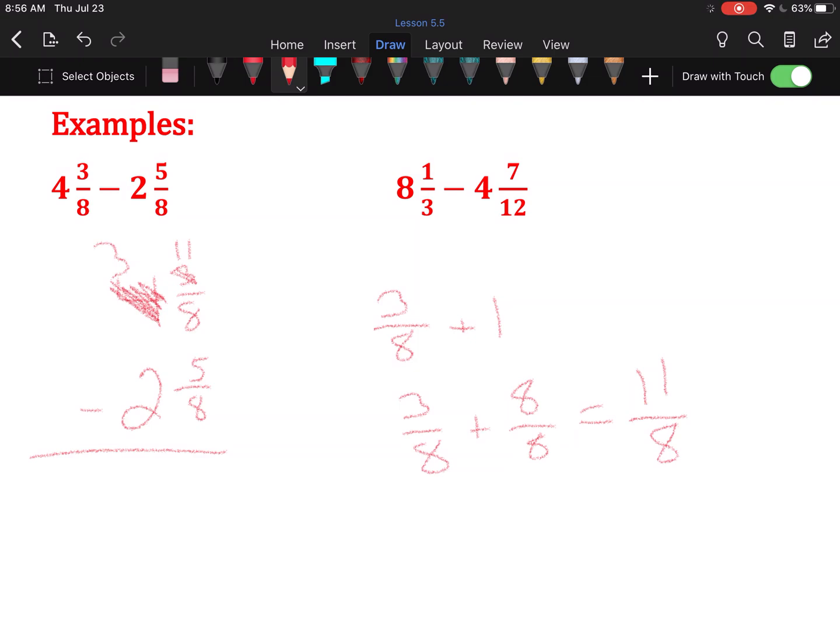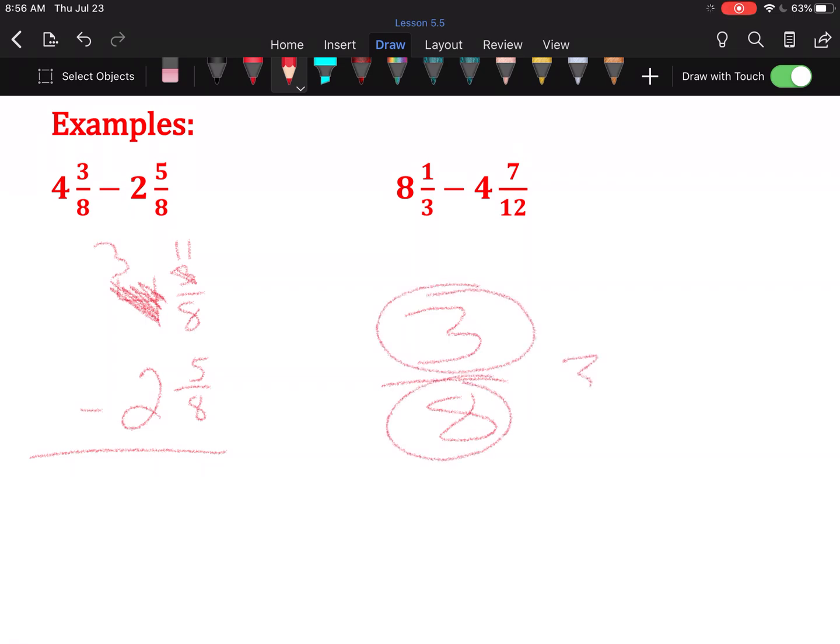There is a shortcut to this. You could do this every single time. You're not going to want to. I don't want to. Instead, the fraction was 3/8, right? Well, look at these two parts. Isn't 3 plus 8 11?